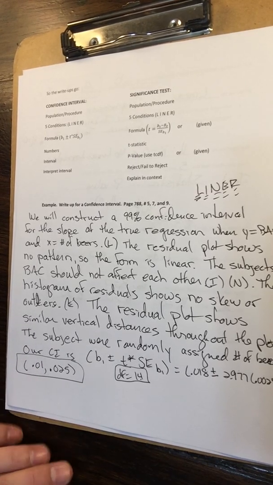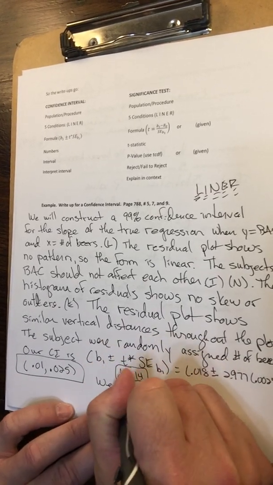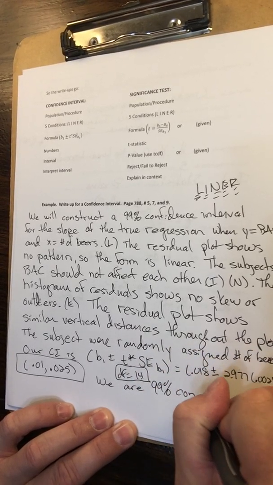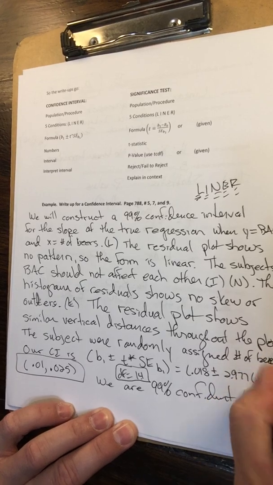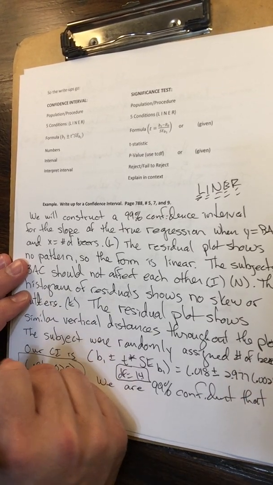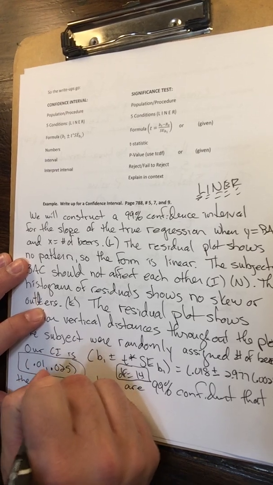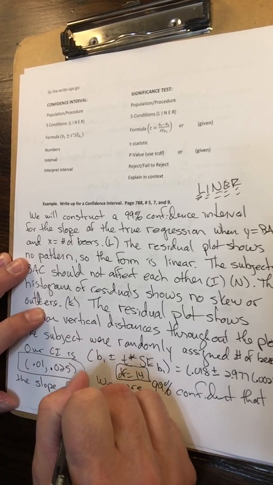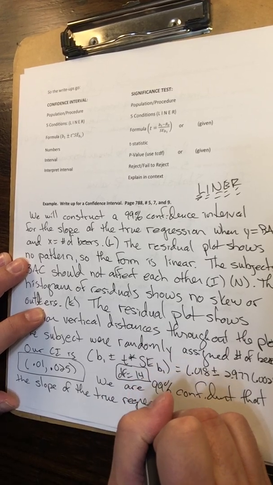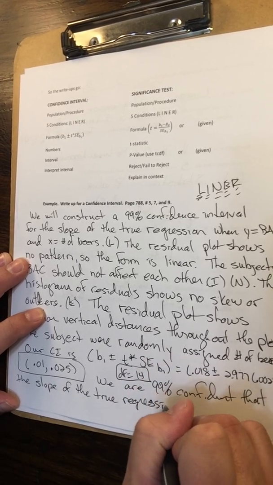There's a linear relationship. So I'm just going to write, we are 99% confident that the slope of the true regression line, and what I mean by that is I'm referring to the population scatter plot, right?